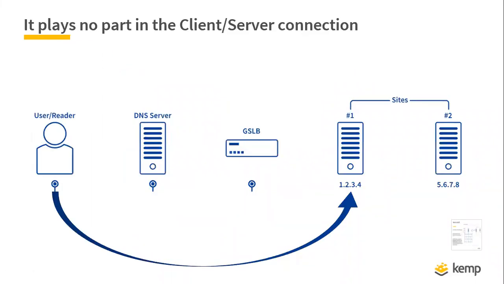Once they have told the user, the user will be redirected to the available site, what we call the primary site, without disturbing the public DNS and the GSLB. The GSLB just tells which IP is available only, and the user directly connects to that public IP to do the accessing.